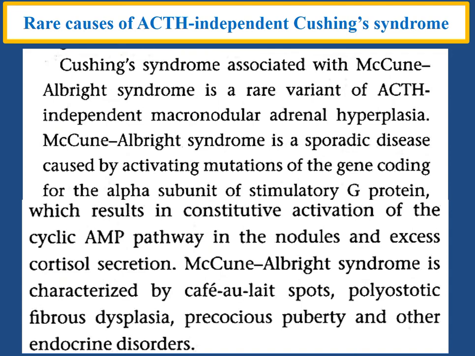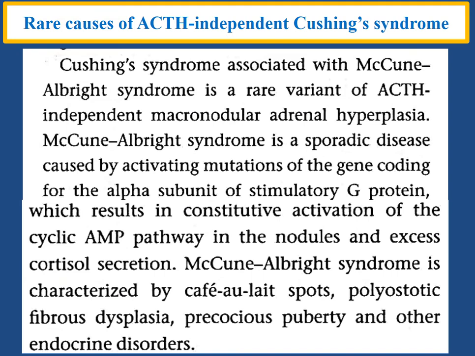McCune-Albright syndrome is a sporadic disease caused by activating mutations of the gene coding for the alpha subunit of stimulatory G protein, which results in constitutive activation of the cyclic AMP pathway in the nodules and excess cortisol secretion.